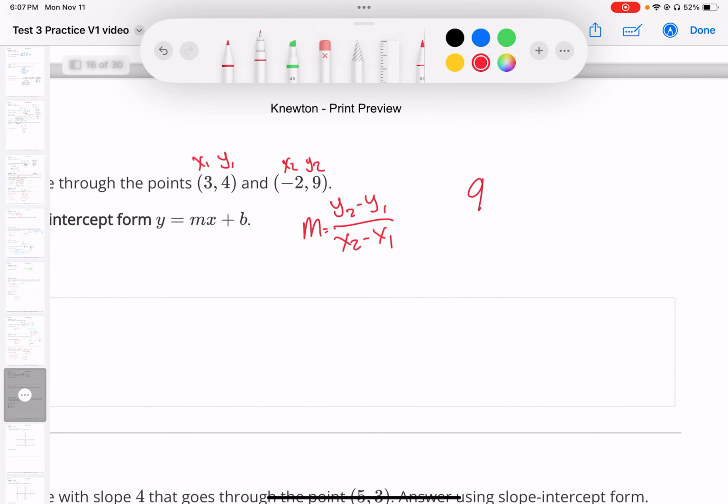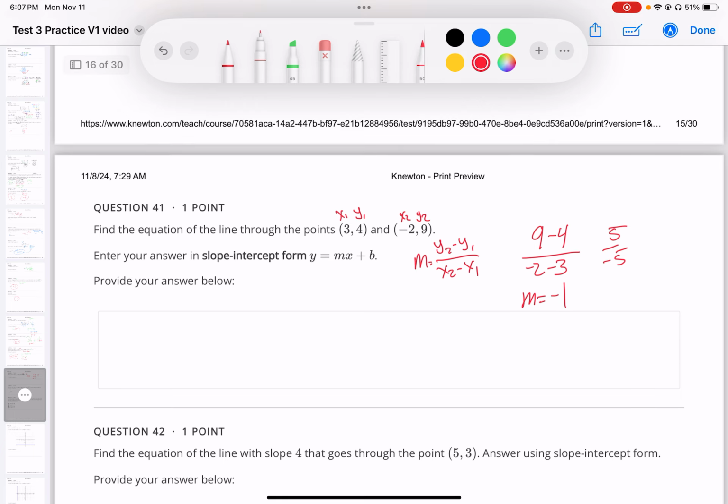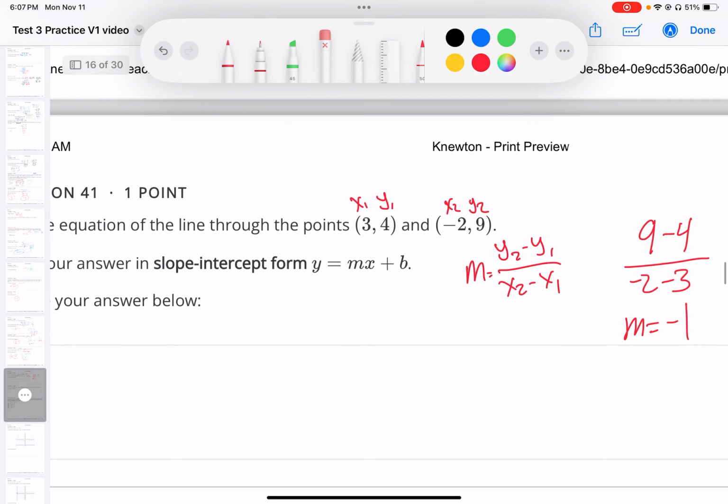And so that gives me 9 minus 4 over negative 2 minus 3. It's going to give me 5 over negative 5. So m equals negative 1. And now I have enough information. I don't have b, so I still need to solve for b, but I've got 2 points. I've got 2 y's and 2 x's, and I know my slope, my m, is negative 1.